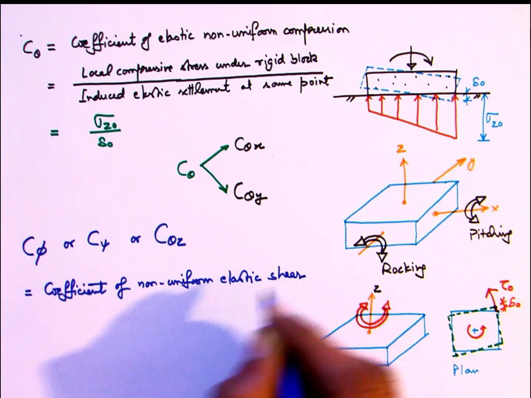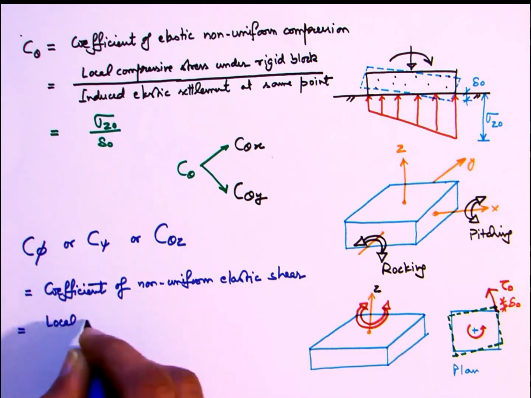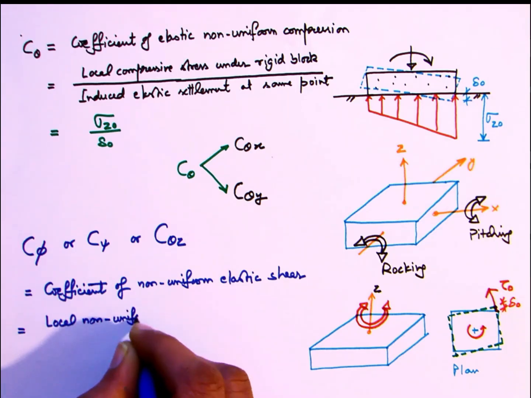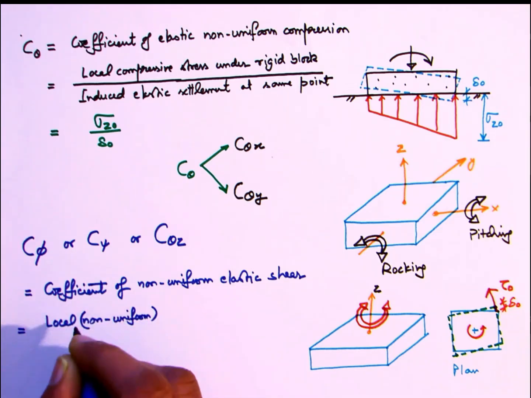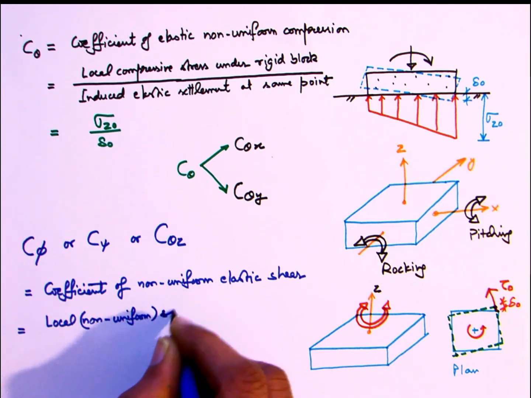So this coefficient of non-uniform elastic shear is defined as the ratio of the local non-uniform shear stress acting at a particular point.